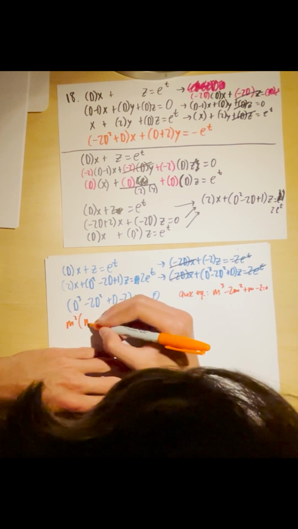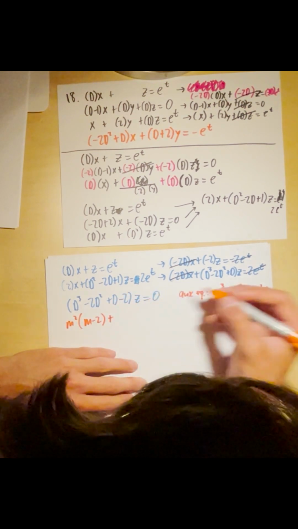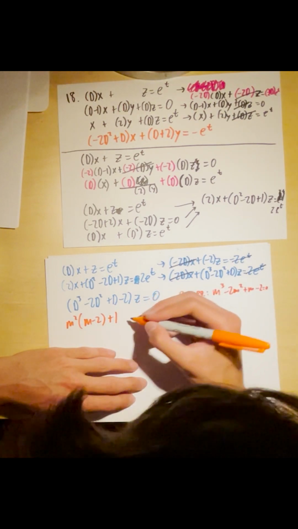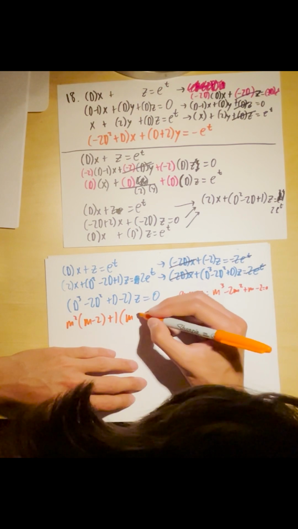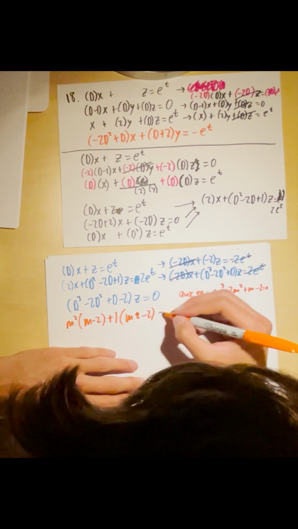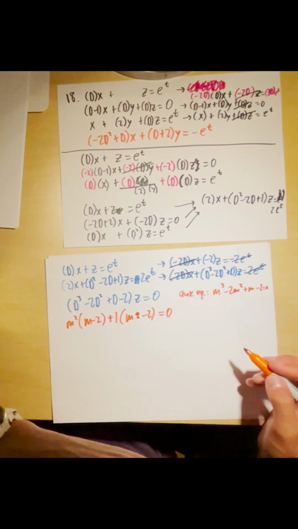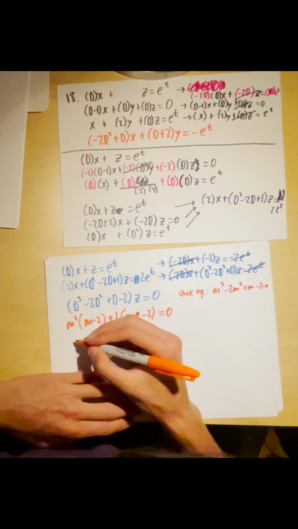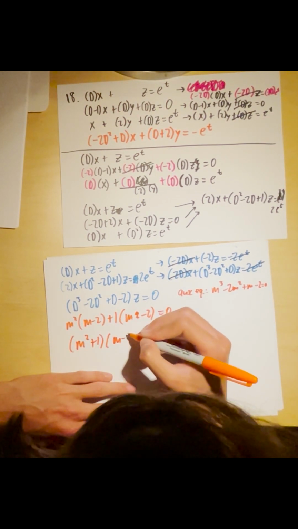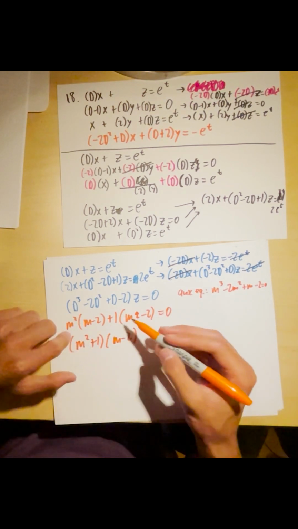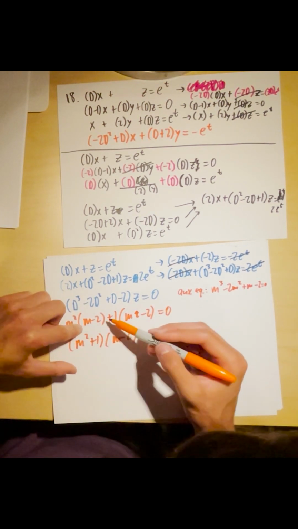So this will be m minus 2, and then I'm going to factor a 1 out of each of the next two terms, m minus 2. And from this we can write m squared plus 1 times m minus 2, since these are just coefficients of m minus 2.